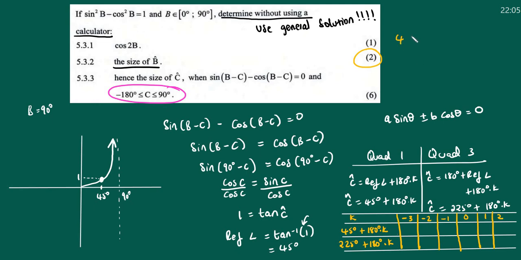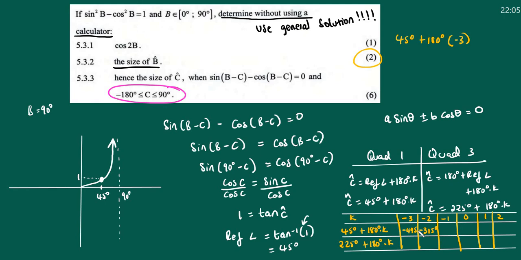So you'd say 45 plus 180, and then you put negative 3. Then you get the answer. Your answer is what? Negative 495 degrees. Then you put negative 2, you get negative 315 degrees.